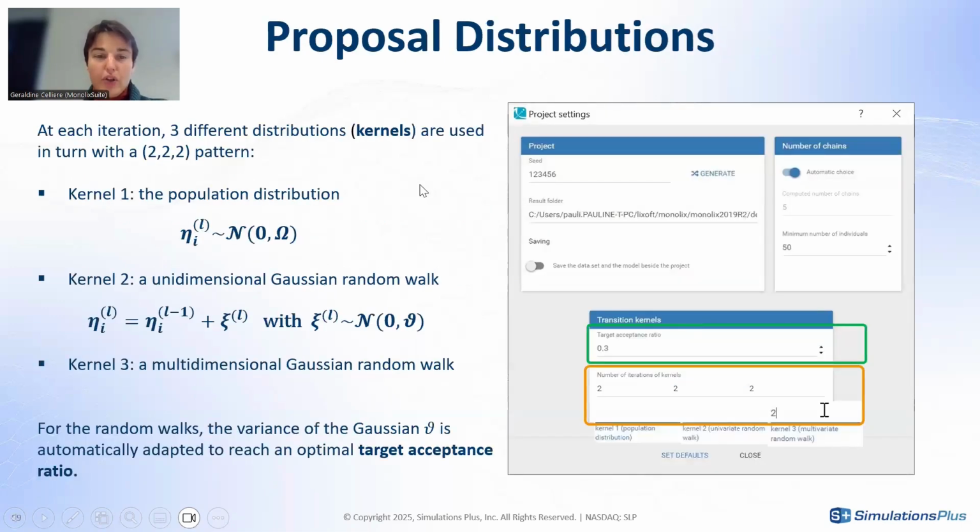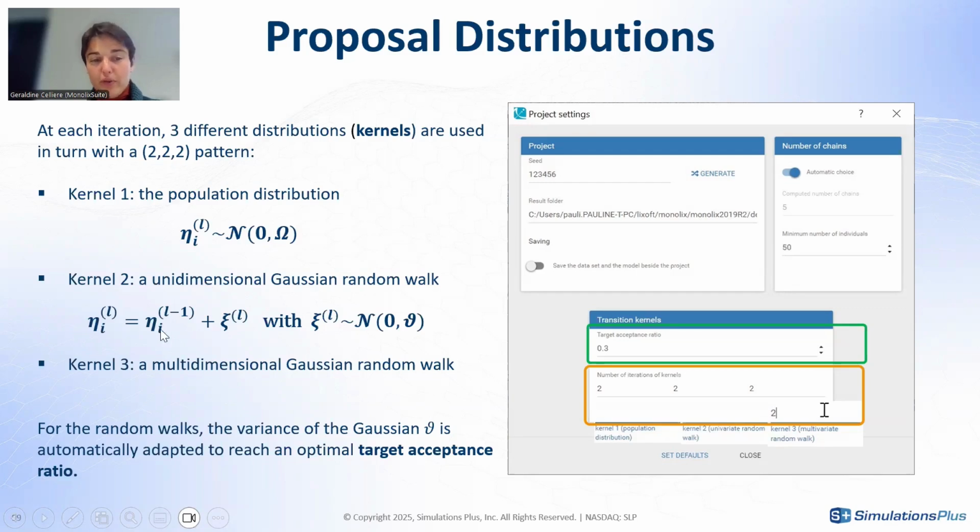I talked about proposal distributions. So actually, we are working with 3 different proposal distributions that are called kernels that you can find in the project settings. The first proposal distribution is actually just the population distribution for the random effects. So normal, multivariate normal distribution. The second one is a unidimensional Gaussian walk.